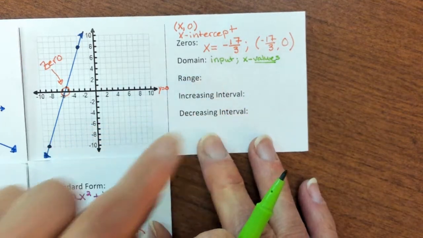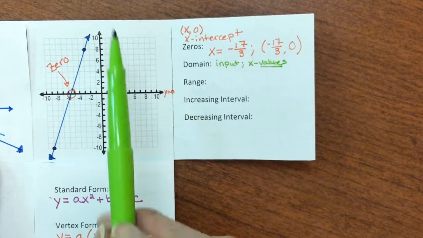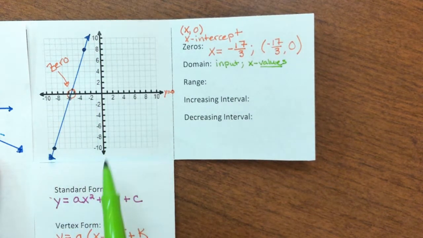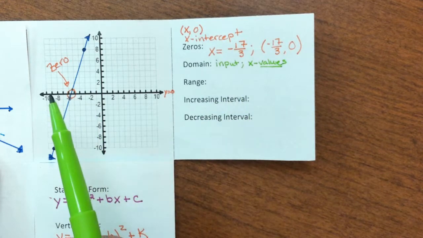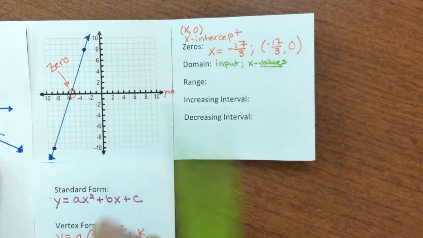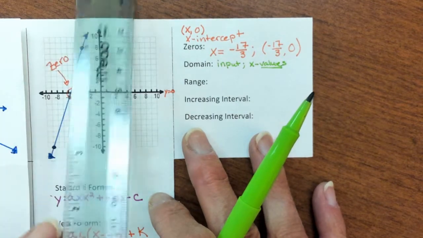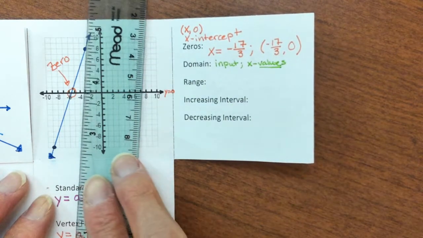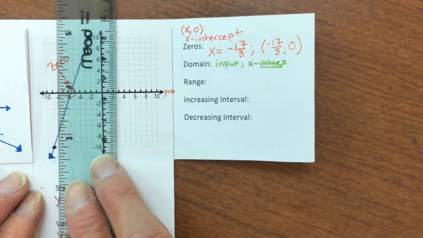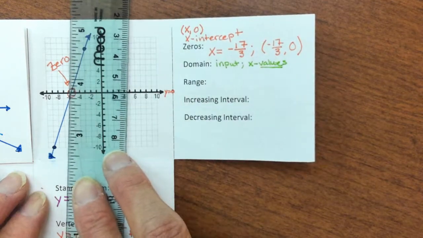So all values of input. So when I'm looking at my xy coordinate, where do I look to get my x values? I look at my x-axis. So I'm going to take a ruler and make sure that my ruler is always touching the x-axis. Notice that when I slide from left to right, I'm always touching my x-axis.